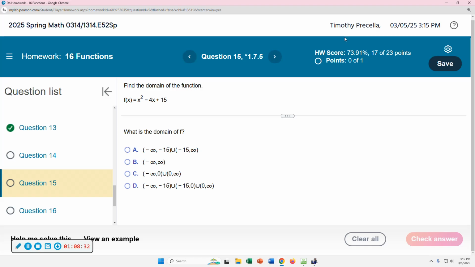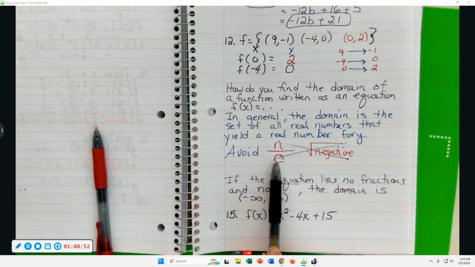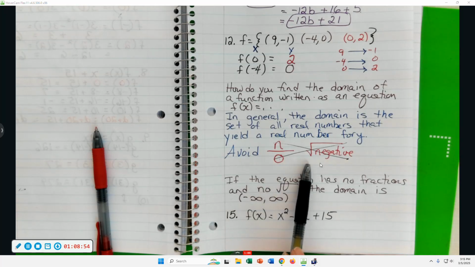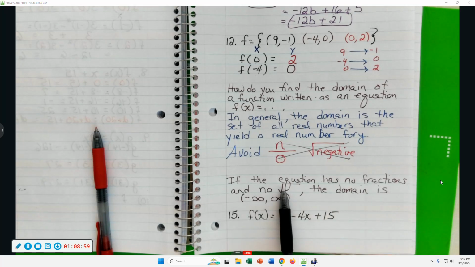When it asks you to find the domain, what it's asking you is, tell me every number you can plug in for x and in turn get a real number back, not an imaginary number, not an undefined result. You don't want a denominator of 0, you don't want the square root of a negative. If there's no fractions and no square root, the domain is negative infinity, comma infinity.